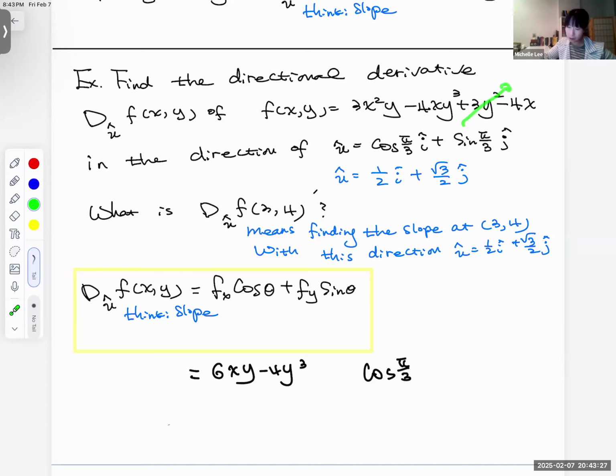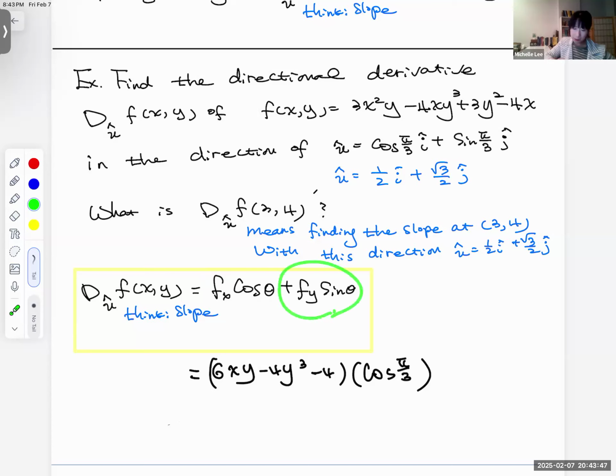And then this is 0, y is constant, and then negative 4, right? So that is the partial derivative with respect to x with cosine pi over 3.